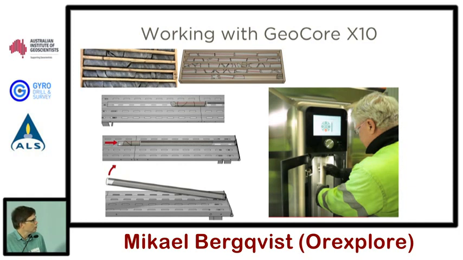Inserting it in the sample holders and taking the sample holder and inserting it in the machine. So the system was designed for sitting next to a drill rig so that the driller actually could do this procedure. But now it has become more apparent that the companies don't want to use it that way.